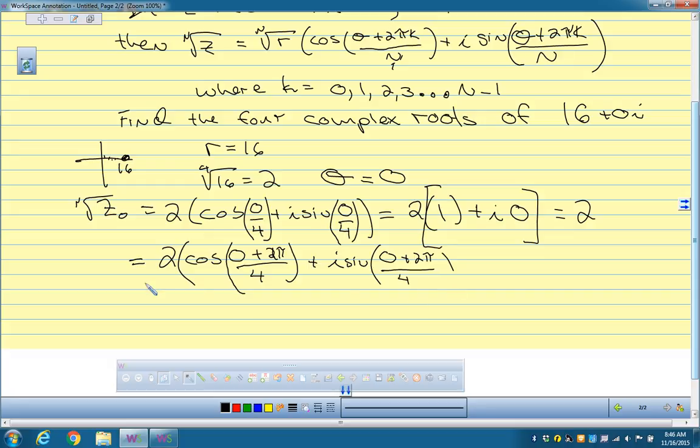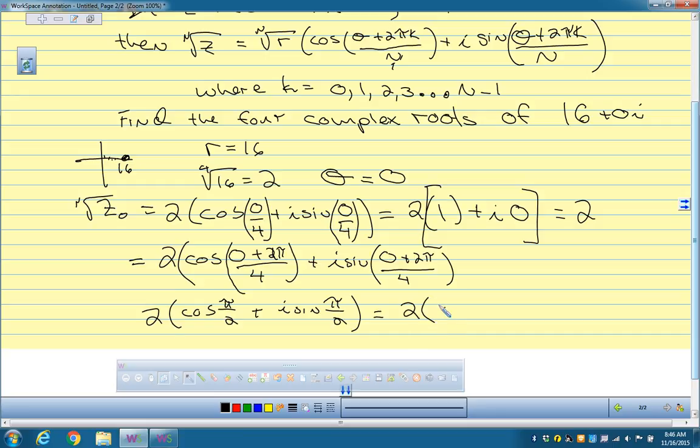Okay? And this becomes 2 times the cosine of pi over 2, right? Plus I sine of pi over 2. What's the cosine of pi over 2? 0, okay?